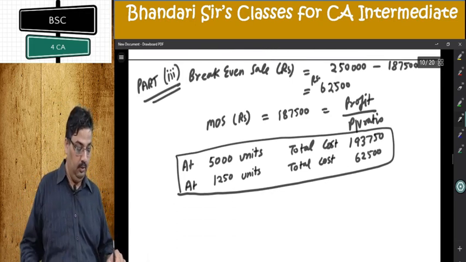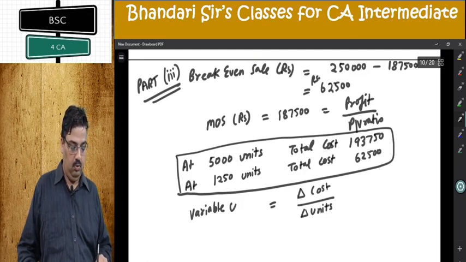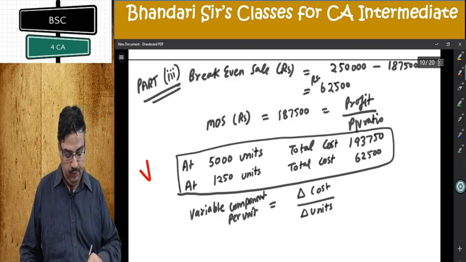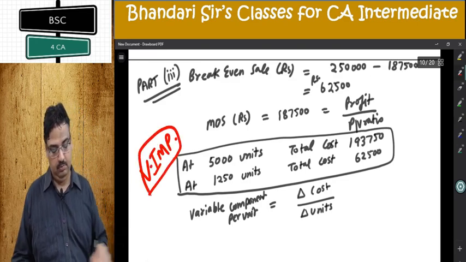So what I am doing is change in cost divided by change in units. That will give me the variable component per unit. This is a very important part of this question, unique to this question.